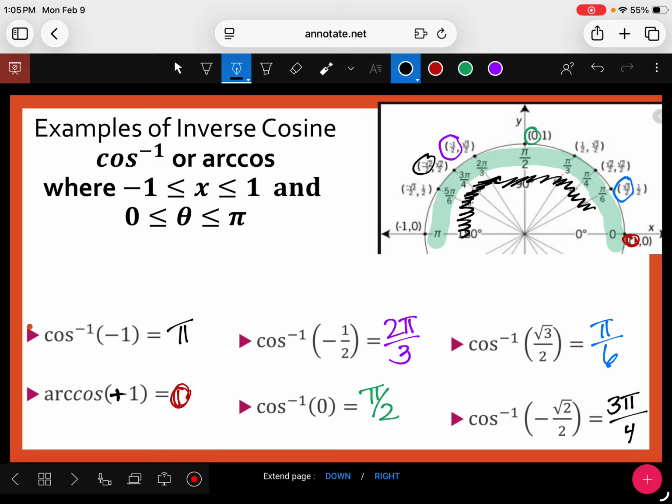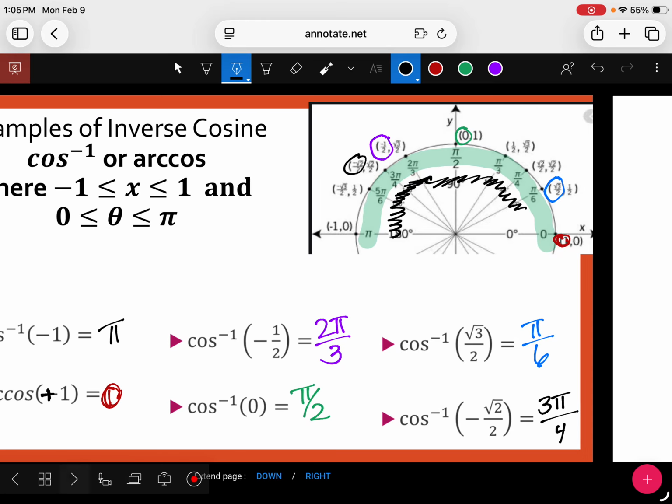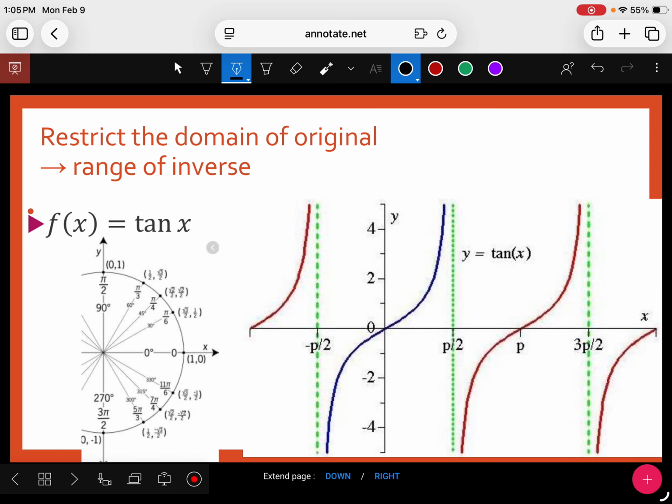All right, so we talked about sine, we talked about cosine. Now let's talk about tangent. Now unfortunately, we did not get a chance to graph a tangent, but this is what a tangent graph looks like, okay? And it is actually undefined, just like sine.